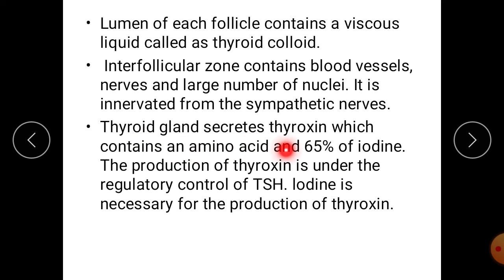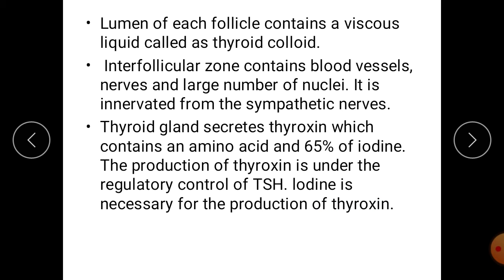Thyroid gland secretes thyroxine, which contains an amino acid and 65% of iodine. So iodine is important for the production of thyroxine hormone. The production of thyroxine is under the regulatory control of TSH, thyroid stimulating hormone, secreted by the anterior pituitary gland, and it stimulates the thyroid gland to secrete thyroxine.